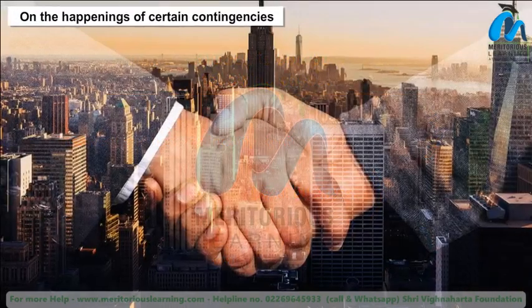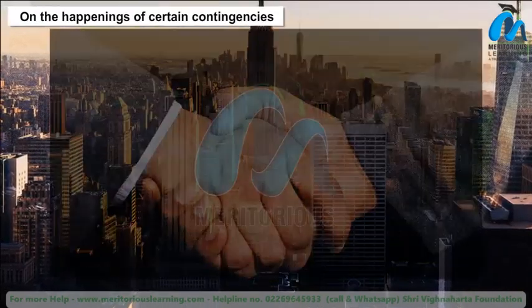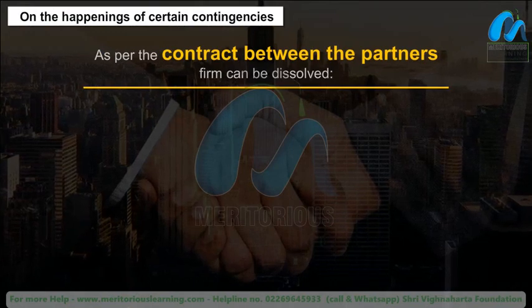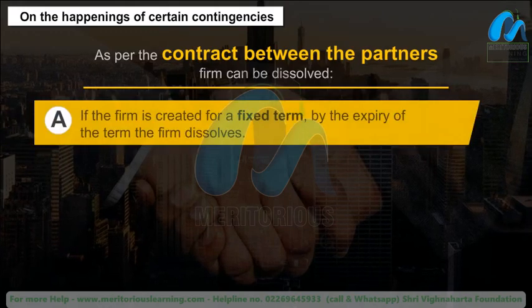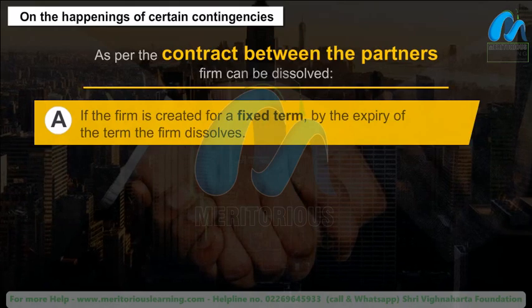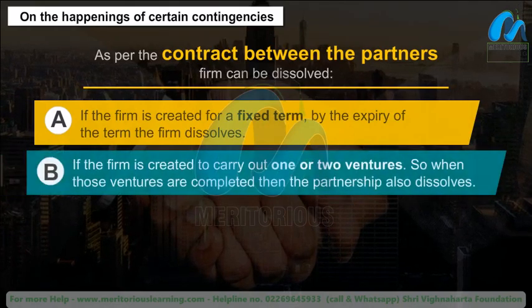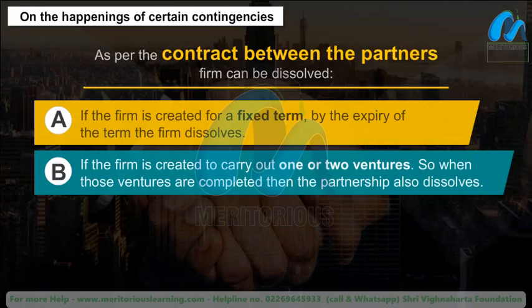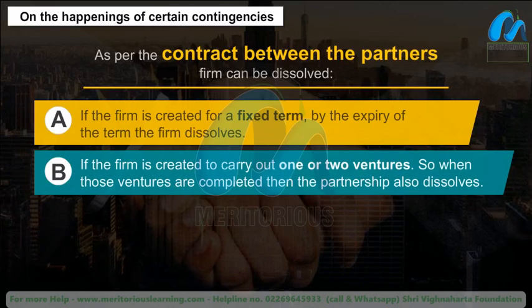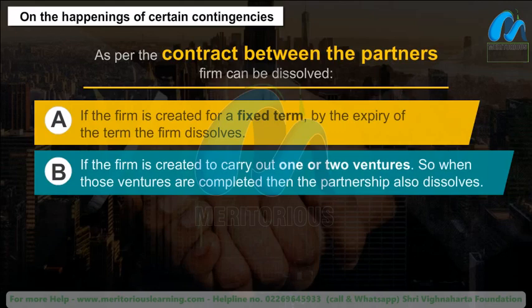On the happenings of certain contingencies. As per the contract between the partners, a firm can be dissolved. A. If the firm is created for a fixed term, by the expiry of the term, the firm dissolves. B. If the firm is created to carry out one or more ventures, when those ventures are completed, the partnership also dissolves.